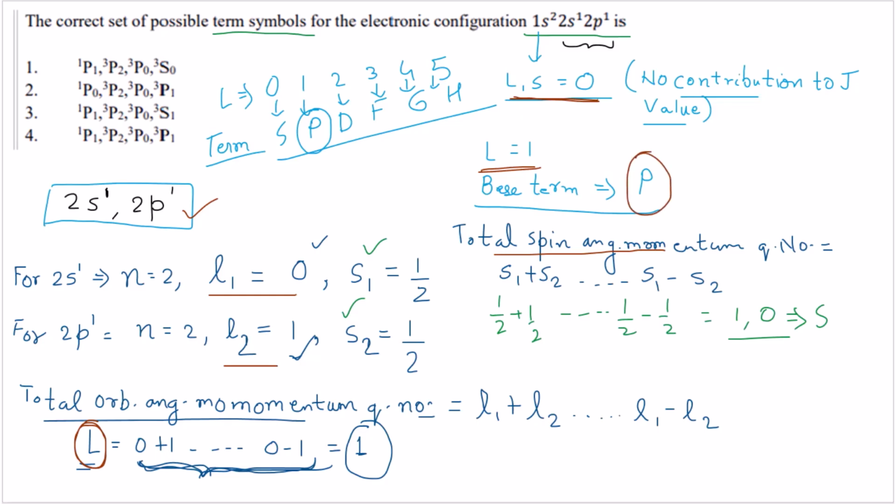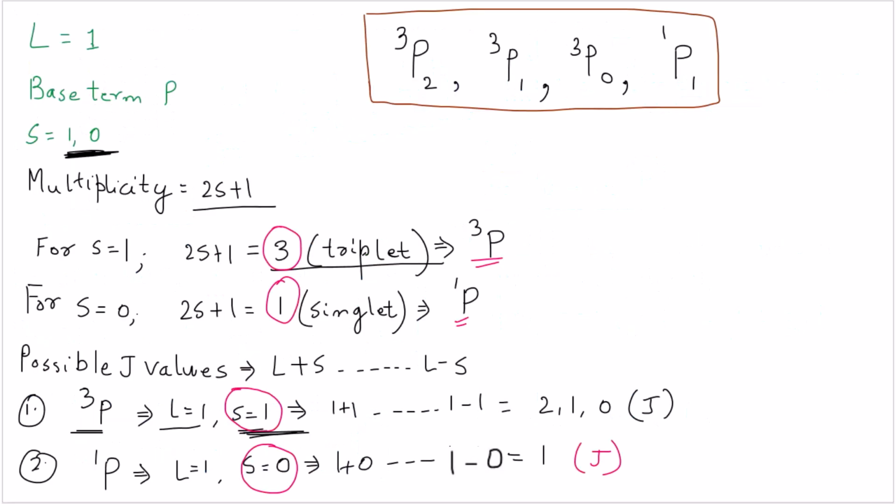Okay, and then we get our total spin values as 1 and 0 from the individual spin values. Then after having the spin angular momentum quantum number from the two spin values of the two configurations 2s1 and 2p1, we calculate the spin multiplicity.